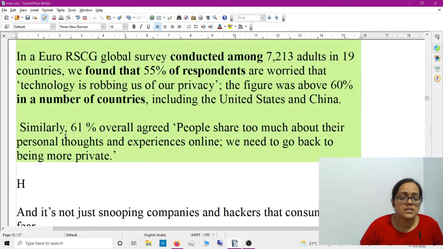Similarly 65% of overall agreed, in general agreed, people share, see the quoted sentence starts from here. People share too much about their personal thoughts and experiences online, and it's like a continuation, it's not a separate sentence. We need to go back to be more private.